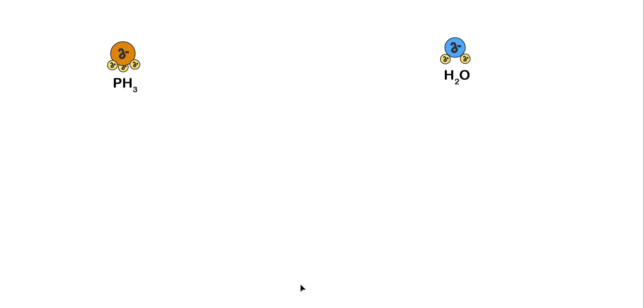Okay, so let's talk about polar covalent substances, solutes dissolving in solvents. Here we have a polar covalent substance called phosphorus trihydride, and if you remember, it forms a pyramidal shape with our extra two up here.